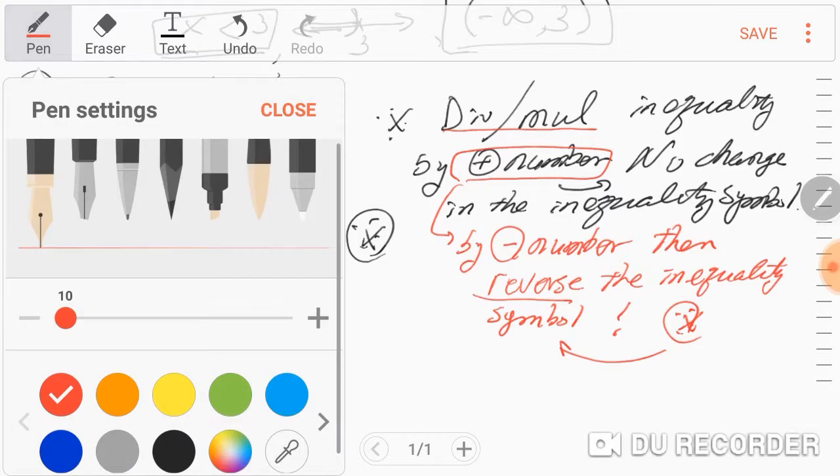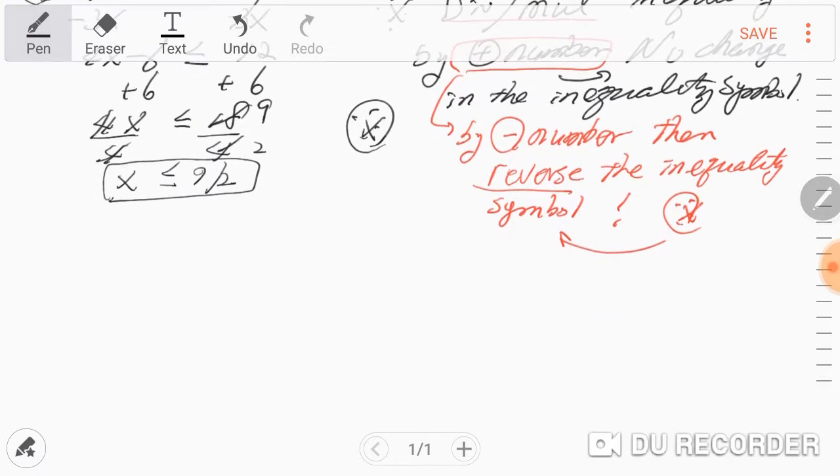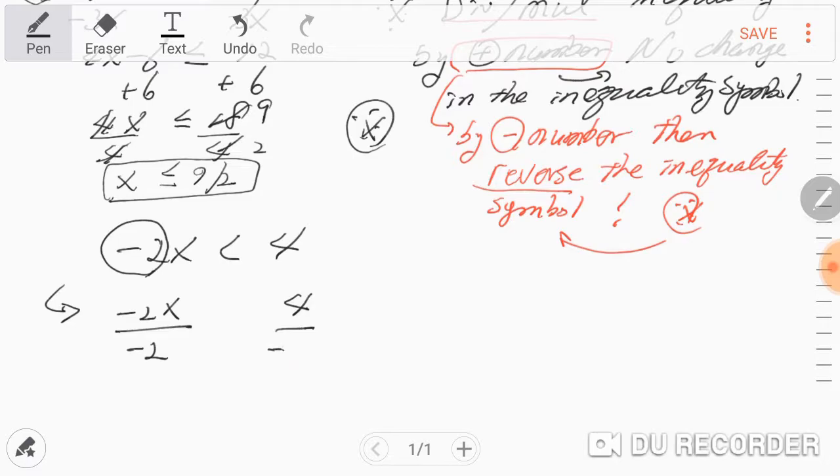So let's try an example. Here it is: negative 2x is less than 4. In order to solve this inequality, we have to divide the inequality by negative 2. I'm going to divide the left side of the inequality by negative 2, and the right side by negative 2.